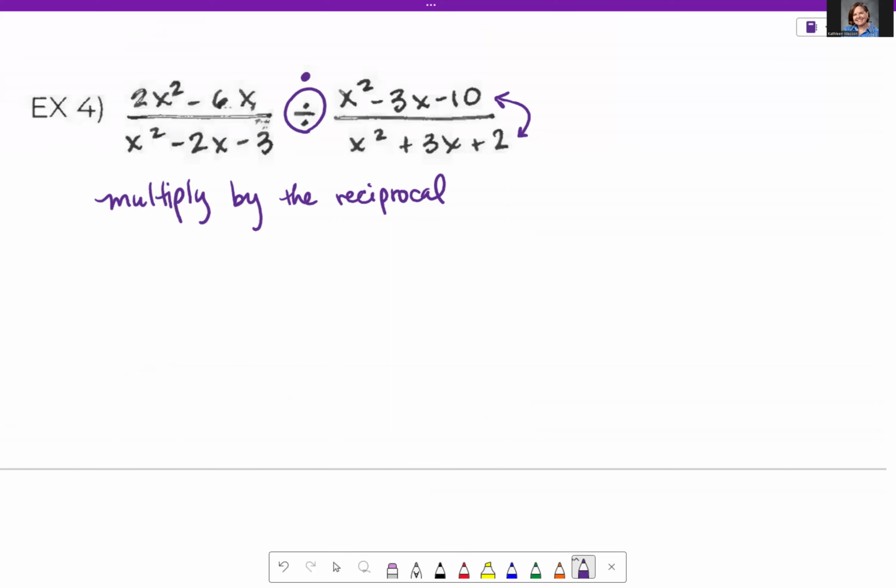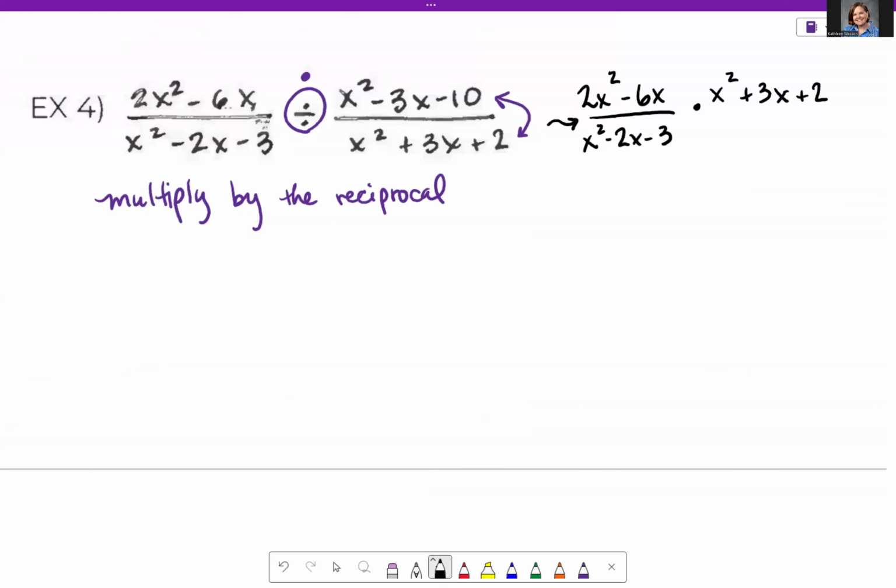So my rational expression changes and becomes 2x squared minus 6x times, over x squared minus 2x minus 3 times x squared plus 3x plus 2.